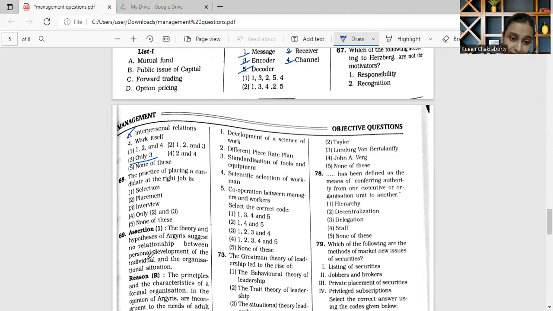Selection involves picking the most suitable candidate from the pool, that is, the process to identify the right candidate to fill the post. Recruitment is a wider term, and a part of recruitment is selection. So placing the right candidate at the right job is selection. So we have option number 1 as the correct answer.